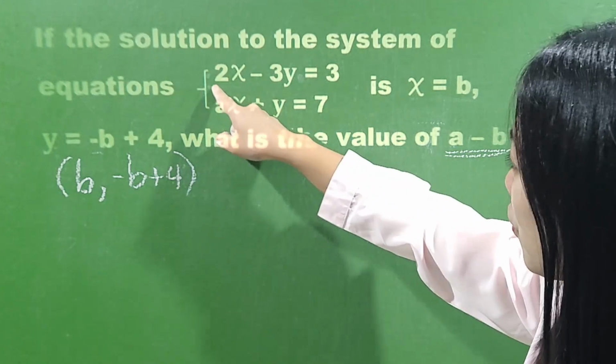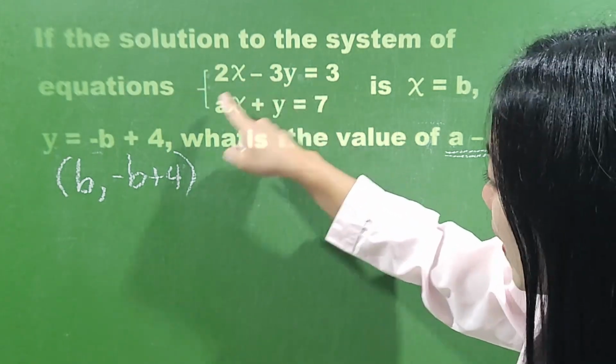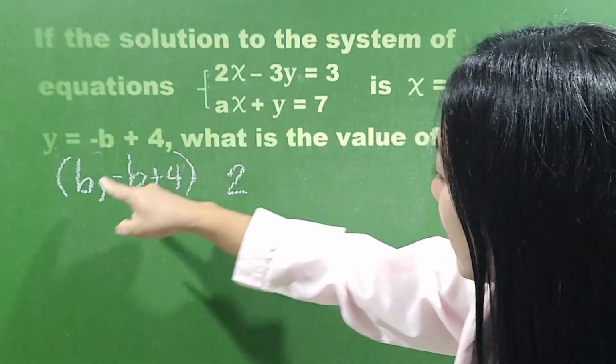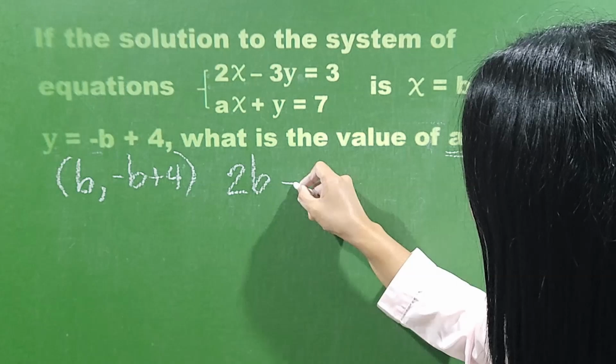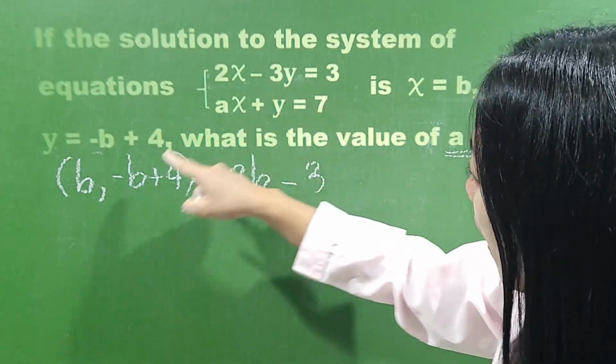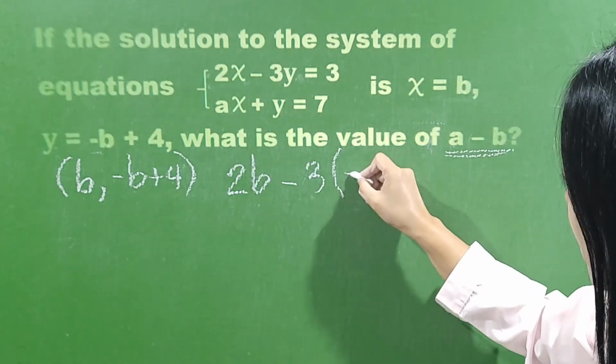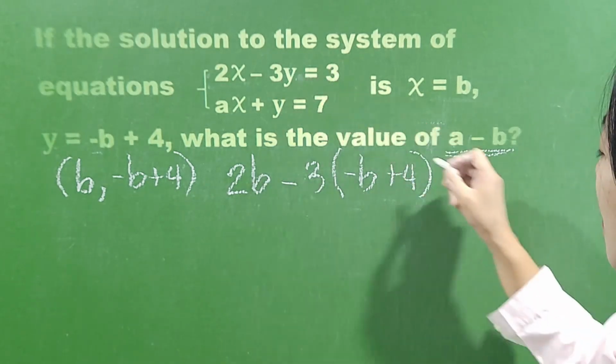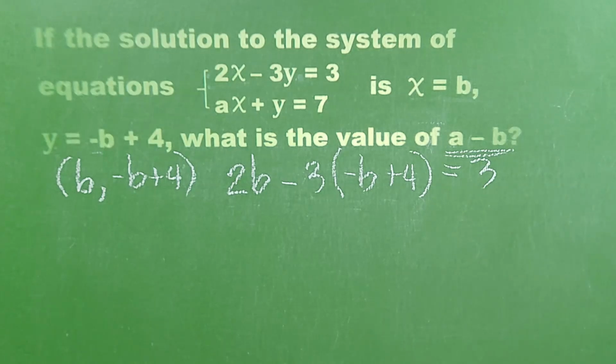So we have to use this first equation to find the value of b. So this is 2 and then x is b. So 2b minus 3. y is negative b plus 4. So this is times negative b plus 4. And this is equal to 3.